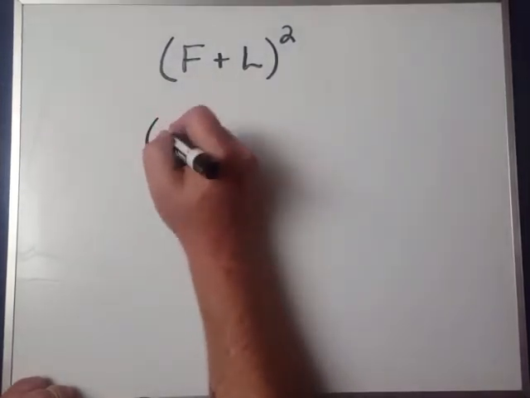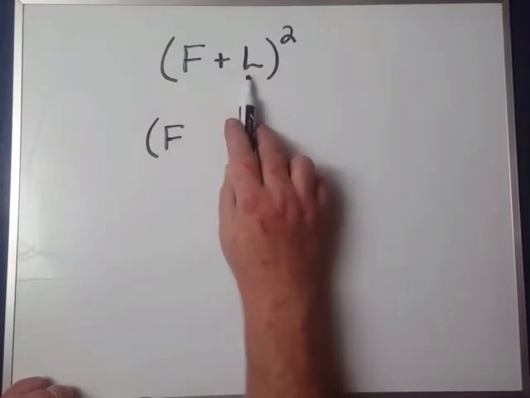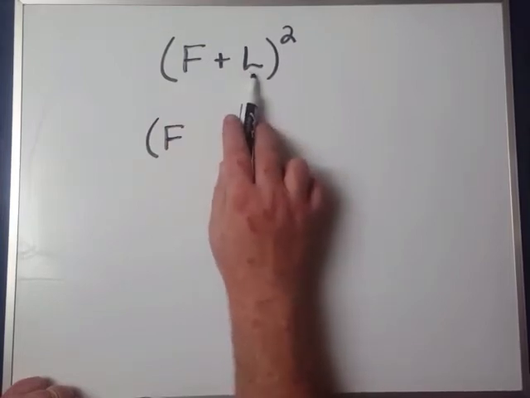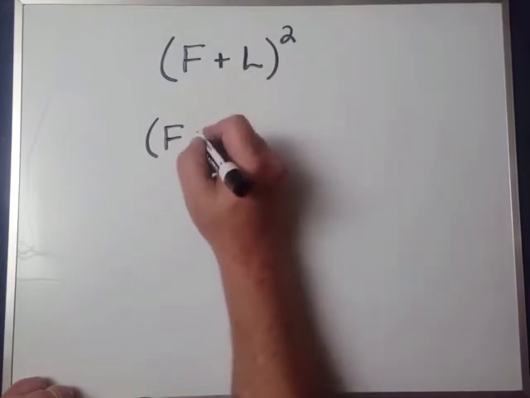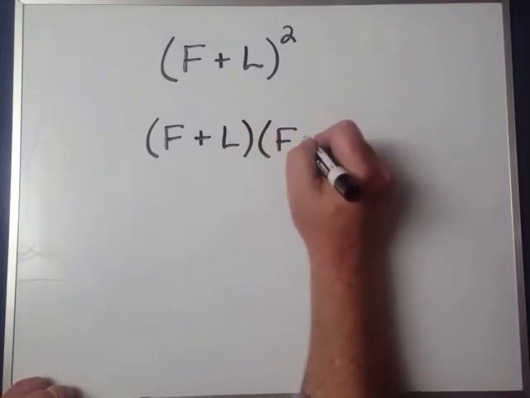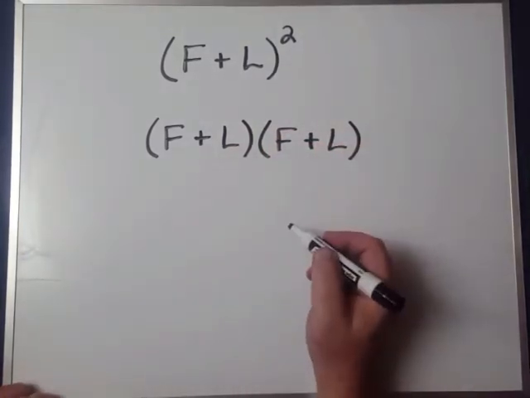We know that this is a FOIL problem. Please understand that my f and my l are now referring to the first term of my binomial, the last term of my binomial. This is not the f and l from FOIL. Multiply that binomial times itself.